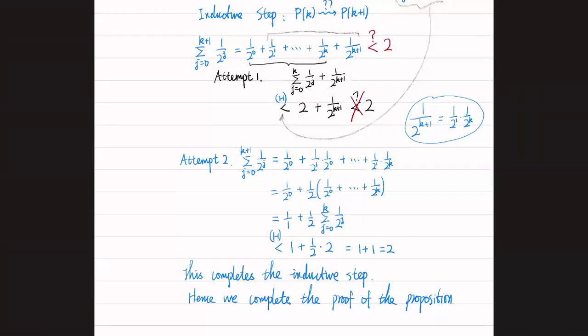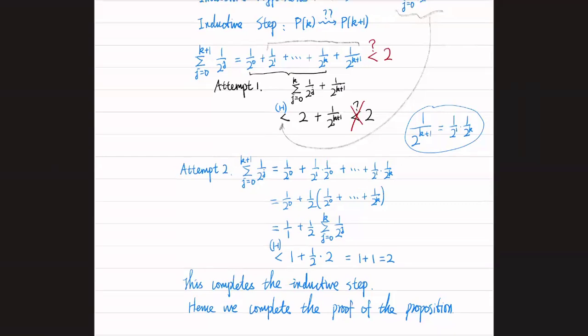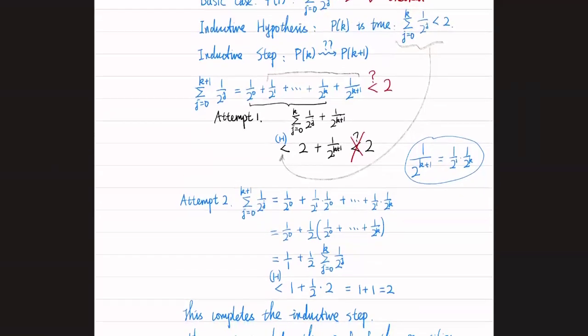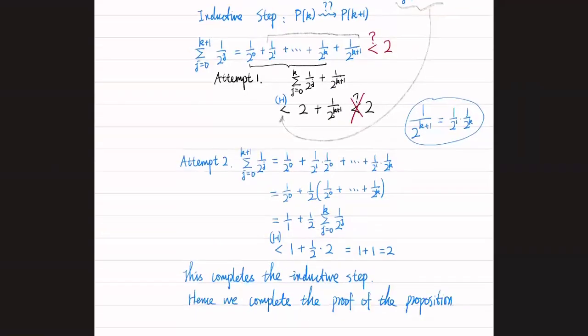Yes, Kira. Doesn't that still not meet the hypothesis, because it's supposed to be less than 2? What do you mean? The hypothesis is that the summation is less than 2. It's not less than or equal to 2. But then you get equal to 2 at the bottom. Okay, that's a good question. In the end, we have equal to 2, right?